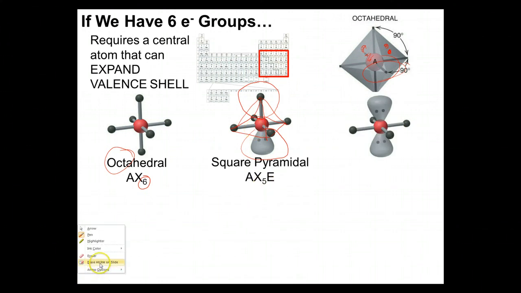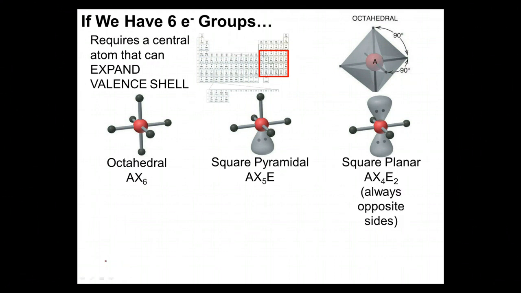In fact, let me clean up the slide again. So we'll have our big squishy things on opposite sides. That'll be a square planar geometry. Those will always be opposite sides. And so you can see here we'll have a square shape sitting in a single plane, hence the name. Electron pairs go up and down from there. So that's our AX4E2 family of geometries.